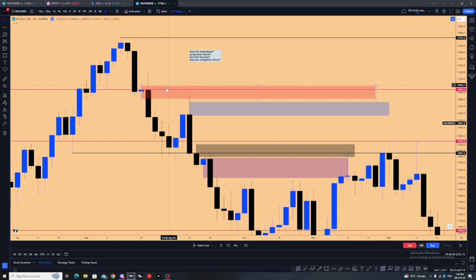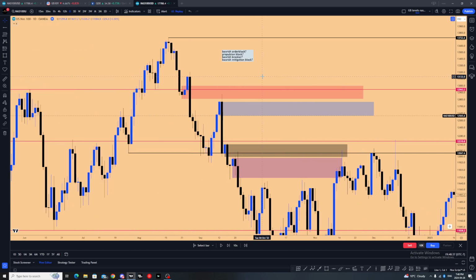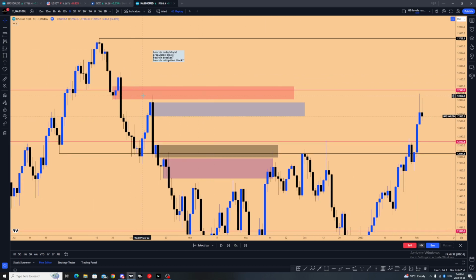So in essence, when you were going up and you retested this bearish order block and you formed this massive spike down, you were creating a bearish propulsion block. Does that make sense? If it is not clear, let me know. I can explain it again.